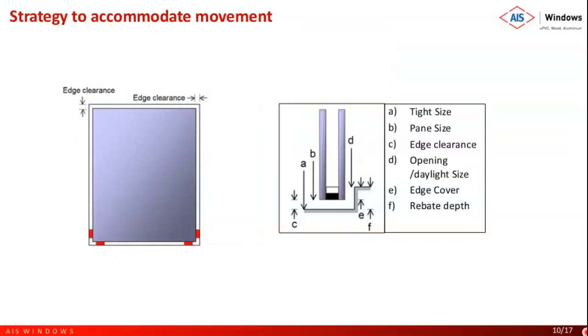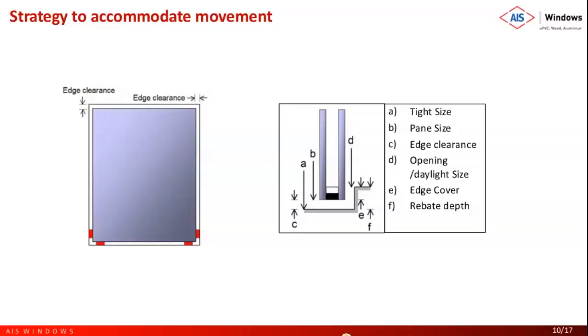Edge clearance is the space between the face of the frame and the edge of the glass. In the diagram on the right side, A is the frame and B is the edge of the glass. So that is the edge clearance. This edge clearance determines what movement can be accommodated here. So edge clearance is one primary factor which determines the movement accommodation capability of a system.